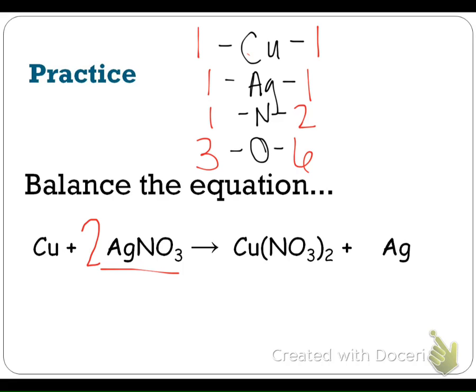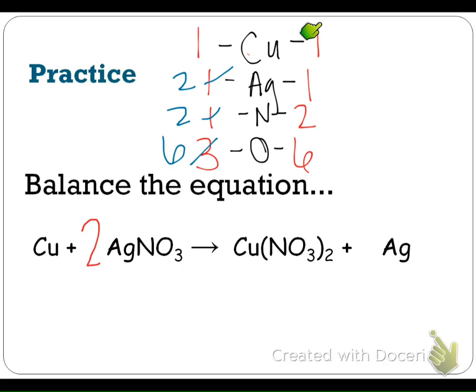Silver nitrate. So if we put a 2 here, now this changes our table up top, right? So instead of having 1 silver, now we have 2. Instead of having 1 nitrogen, we have 2. And instead of having 3 oxygen, we now have 6.